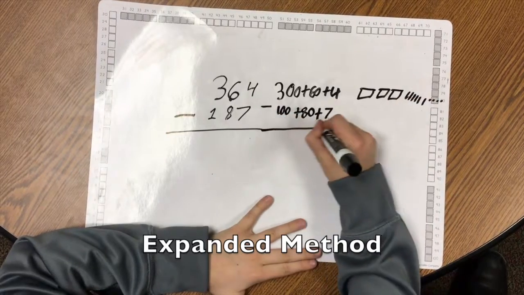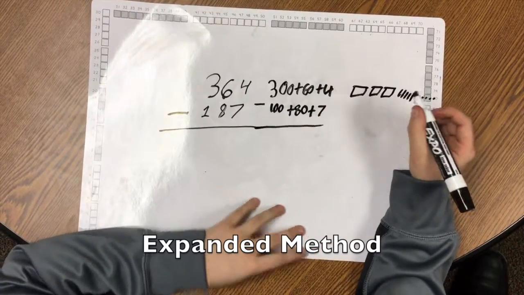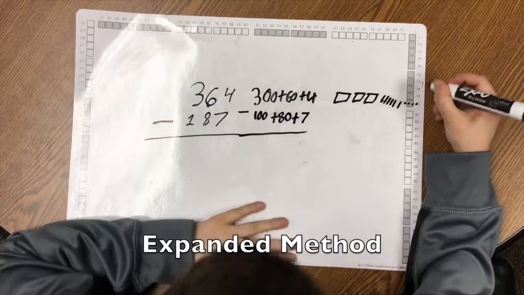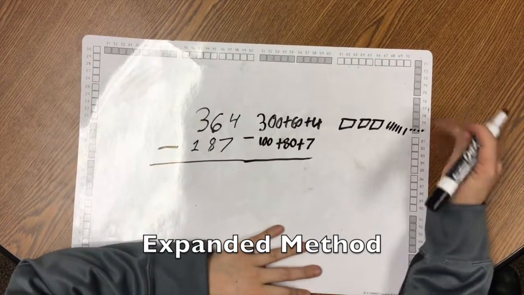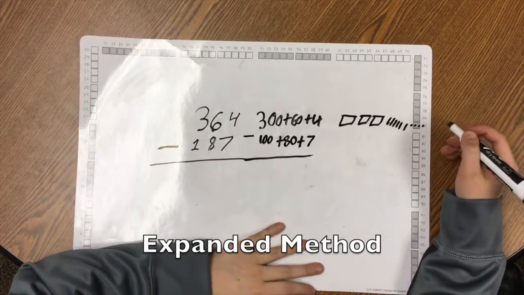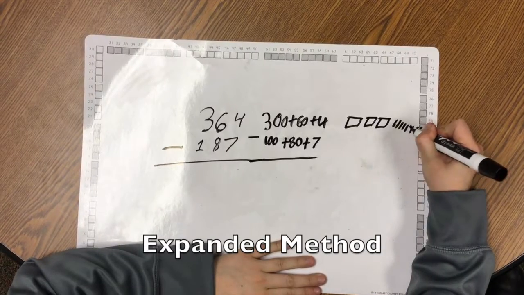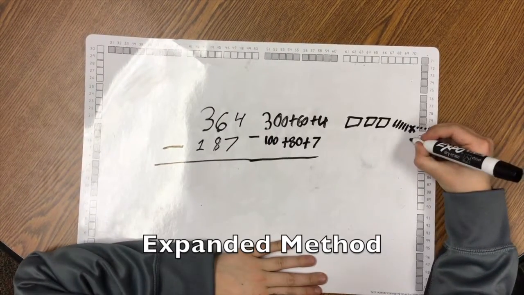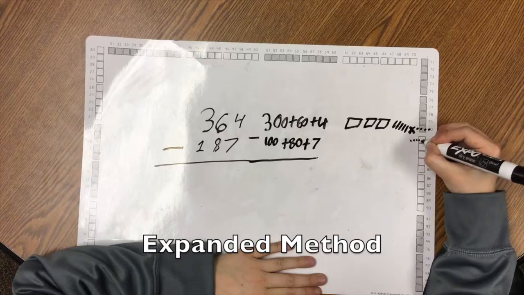Now I will, so I have 4, I can't subtract 7 because I don't have enough ones, so ungroup from a 10 for now 10 ones.